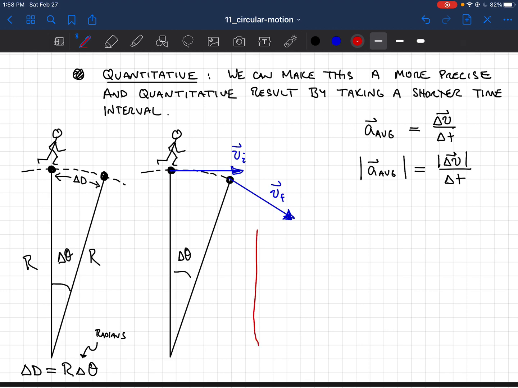So we have a coordinate system, and we'll place our v final vector there. So it looks something like this. That's v final. And then we add to it the opposite of the v initial vector, and that looks something like this.